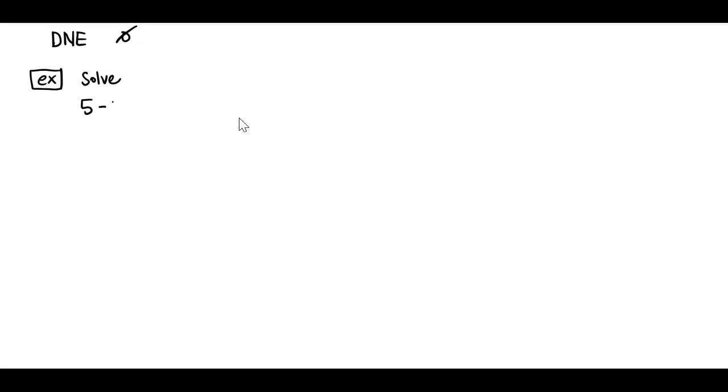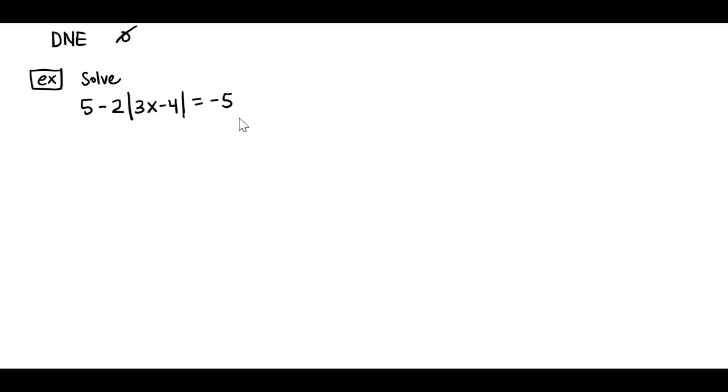So if we have 5 minus 2 times the absolute value of 3x minus 4 equals negative 5, right? So right now, we don't have our absolute value by itself. So at this point, we couldn't just say that this does not exist because we don't know for sure. We first need to get that absolute value part by itself.